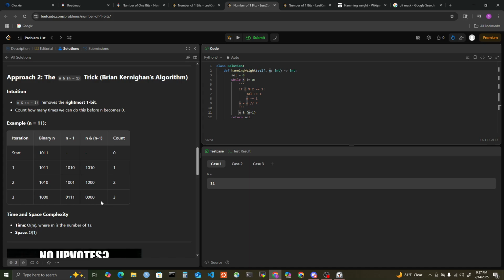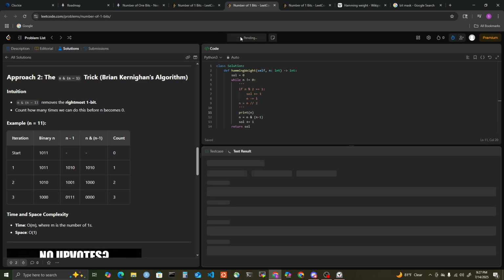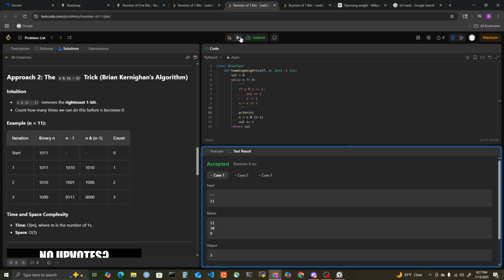Is that what n equals? N equals n and n minus 1, and then solution plus equals 1, and then I print n just to test it out. How does this exactly work?